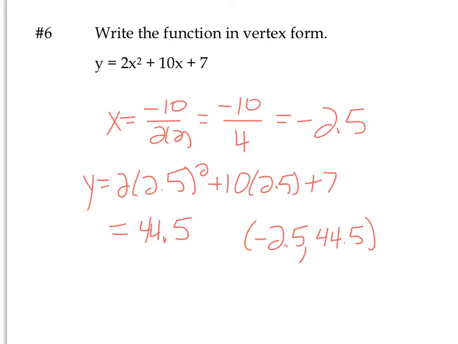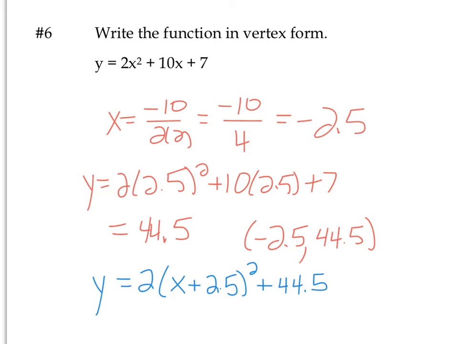So vertex form is y equals, the a value is still 2, x minus h. So minus negative 2.5 would be plus 2.5 squared, and then plus 44.5. So this gives us vertex form, okay?